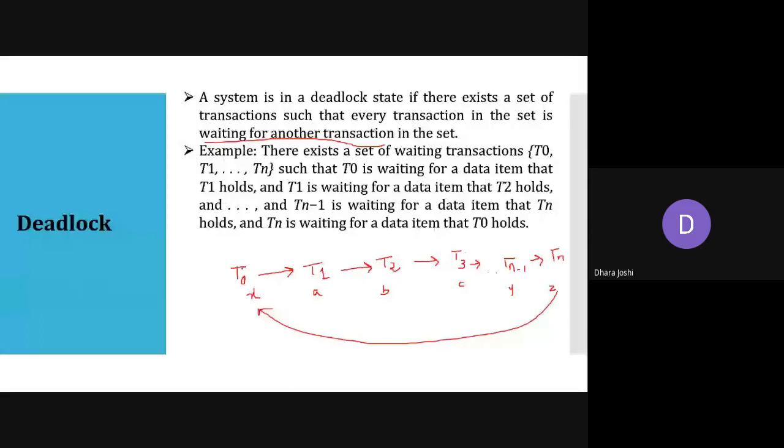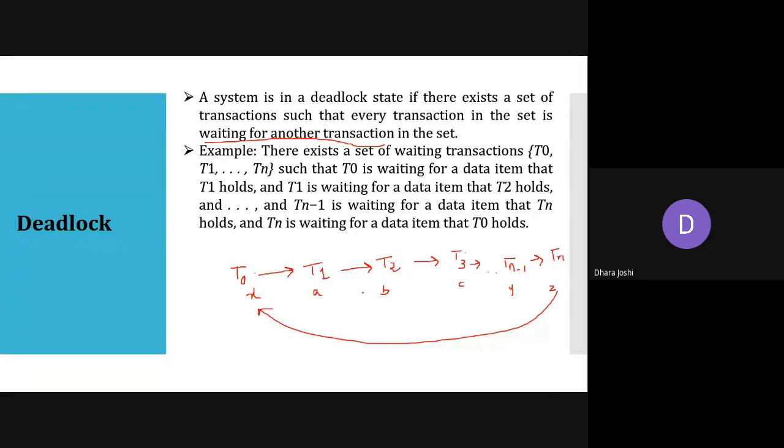None of the transaction from T0, T1, T2, T3 up to Tn can move further or execute the normal execution, because everyone has some data item and they are waiting for some other resources. So if T2 here releases the lock on B, so T1 can complete the task.